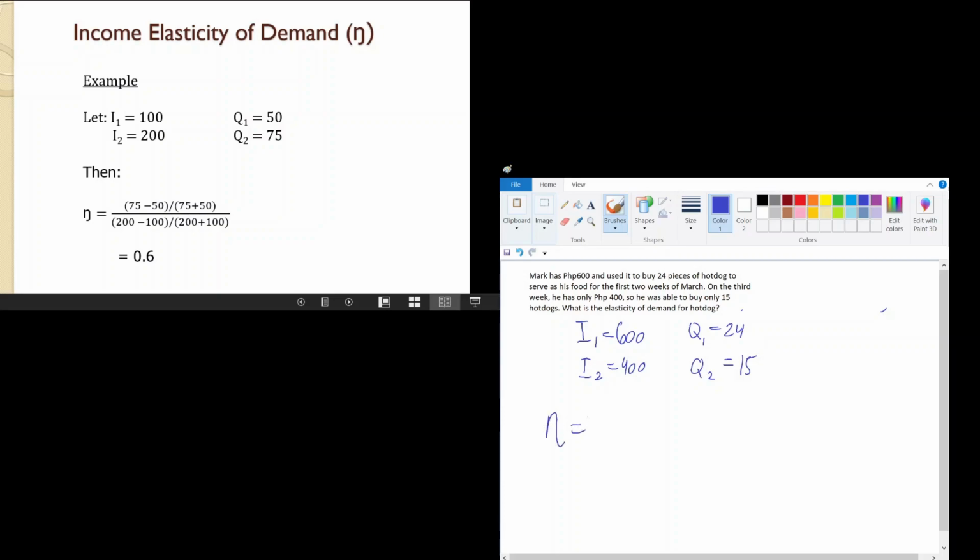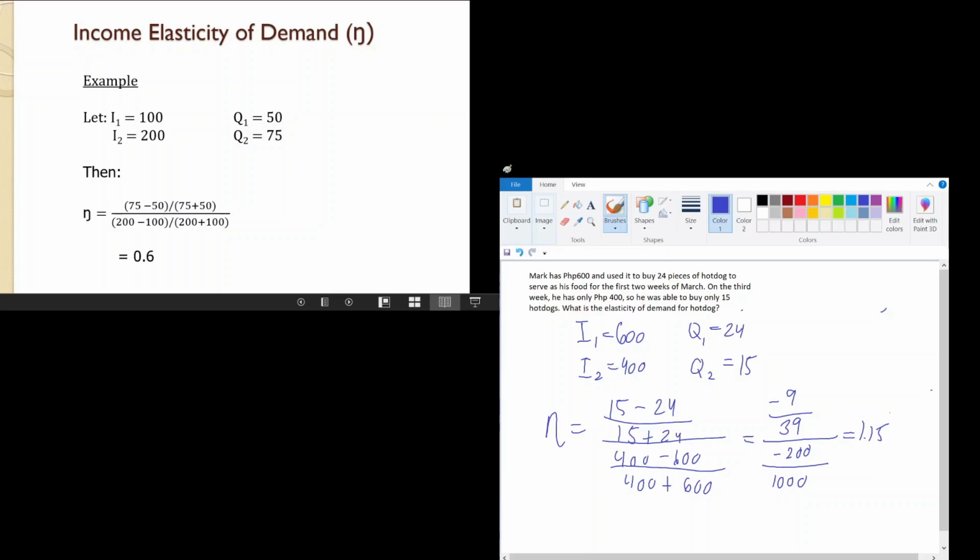So, income elasticity is equal to Q2 15 minus Q1 24, over 15 plus 24, all over 400 minus 600 over 400 plus 600. Okay, so 15 minus 24 is negative 9 over 15 plus 24, 39, all over 400 minus 600, negative 200 over 400 plus 600, 1,000. Okay, and it will give us 1.50.